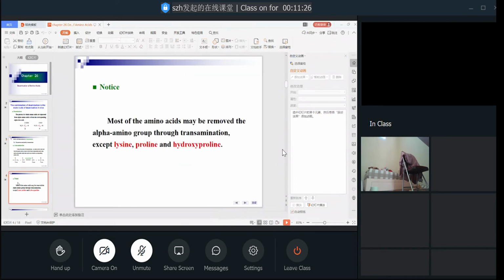Most of the amino acids may have the alpha amino group removed through transamination, except lysine, proline, and hydroxyproline. These three kinds of amino acids can't be deaminated through this method.